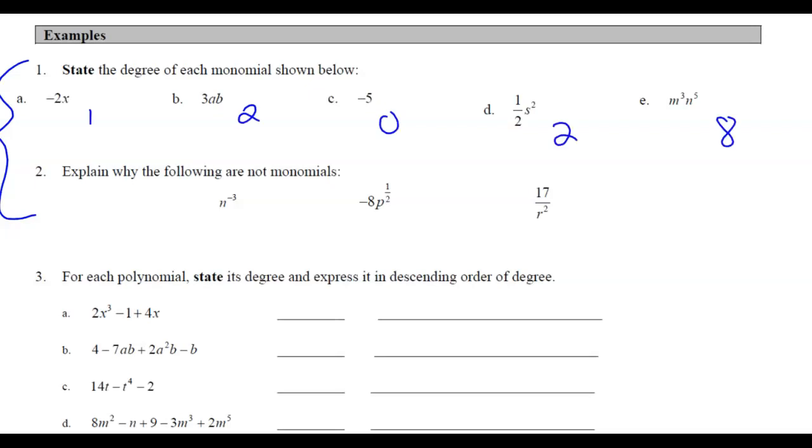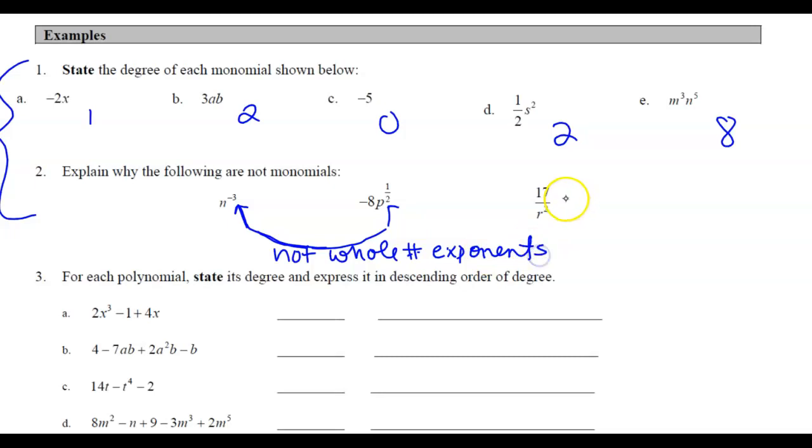And then in question 2, why aren't those considered monomials? They are one-term expressions, but they're not monomials because that is not a whole number. That exponent is not a whole number, so these are not whole number exponents.